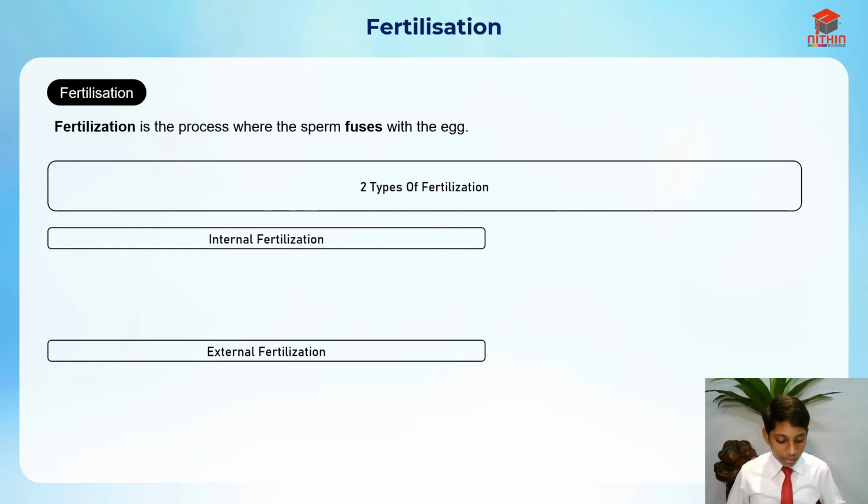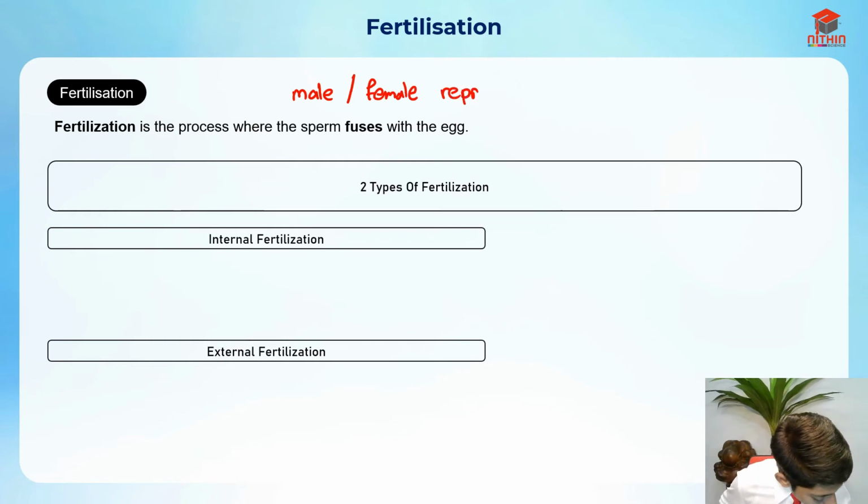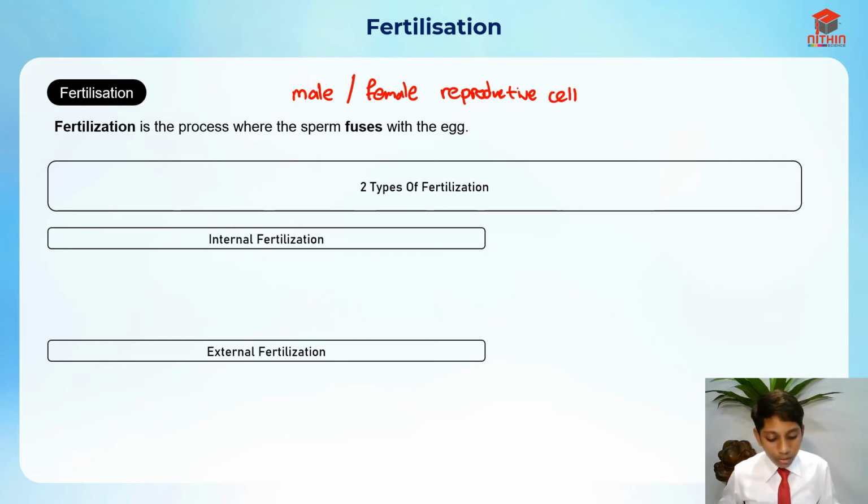If you're not comfortable writing sperm and egg, and you want to be safe, you can just say the male or female reproductive cell. So fertilization is the process where the sperm fuses with the egg. Instead, you can replace it with the male reproductive cell fuses with the female reproductive cell. You could also say it like that.